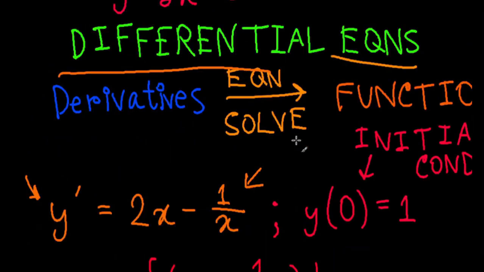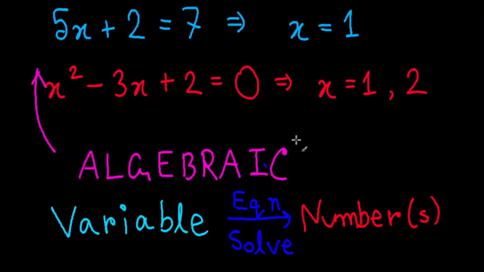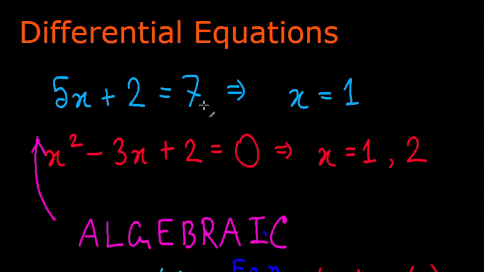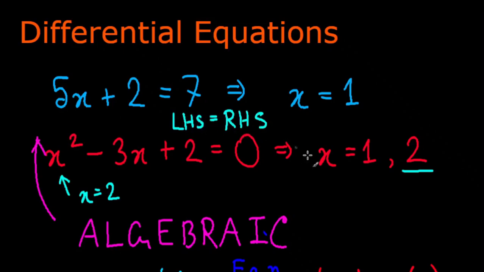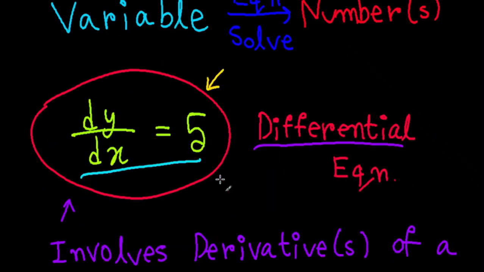Suppose we wanted to verify that x equals 2 is the solution of an algebraic equation. We just substitute x equals 2 into the equation, and the left hand side would be equal to the right hand side. That's how we would know that 2 is indeed a solution of this algebraic equation.